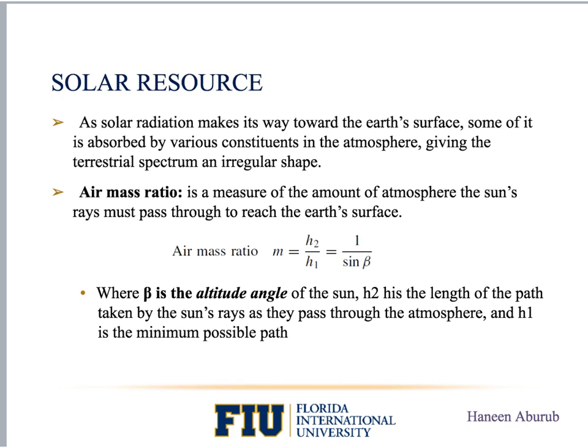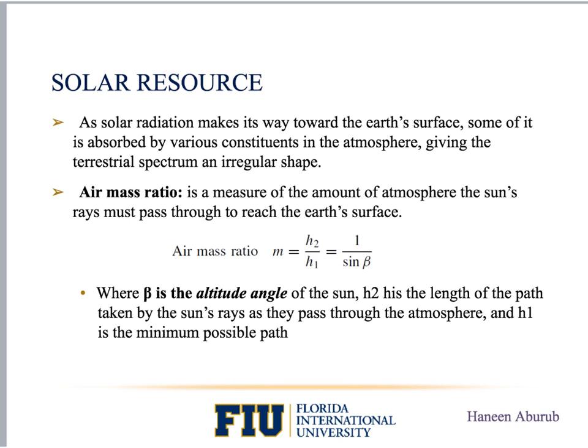This air mass ratio is abbreviated by M, and it's equal to H2 over H1, or 1 over sine beta. What is beta? Beta is the altitude angle of the sun.